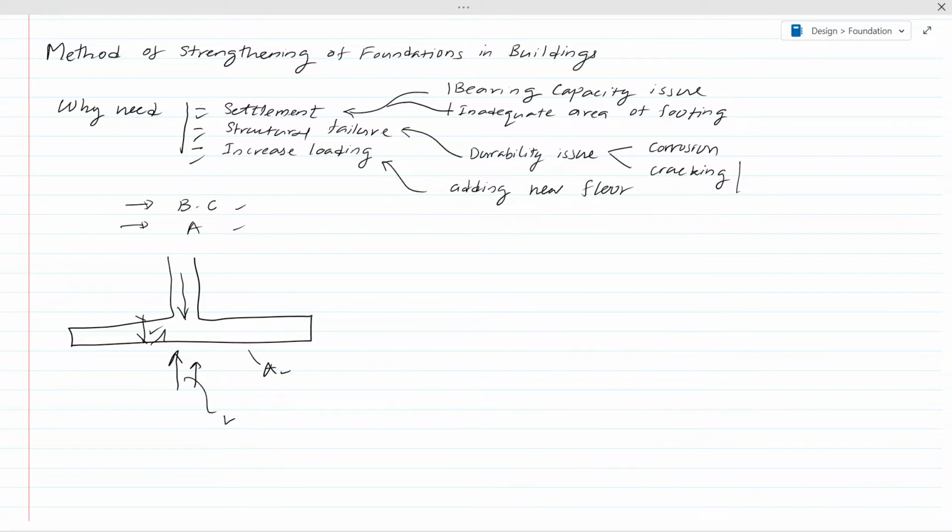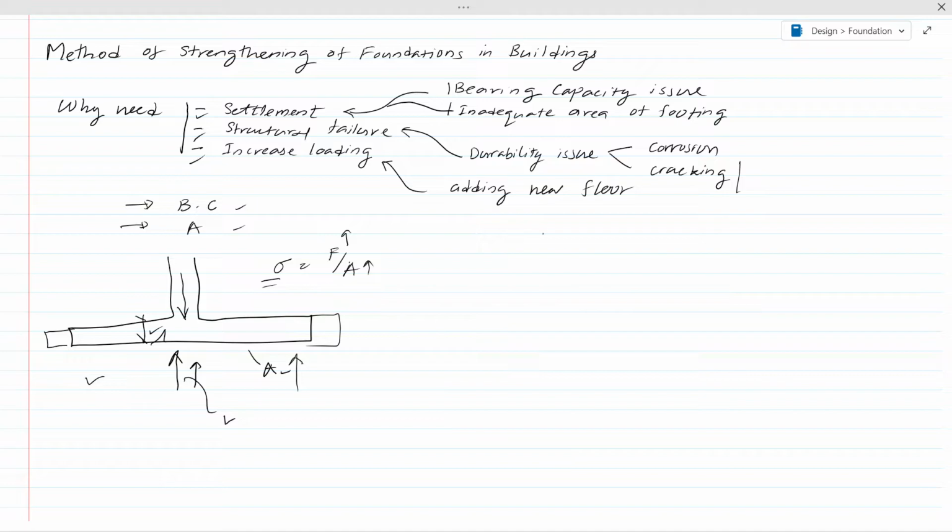So what we can do is increase the section. Then your pressure will remain the same, because stress is equal to force divided by area, right? If you increase the force, you can increase the area, then this will change. That we can do here.